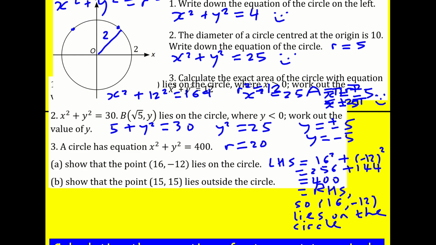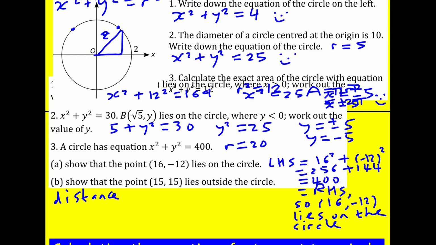So for part B, I've got a slightly different approach, and I could have used this for part A, to be fair. I can work out the distance from the origin to the point, because it's just going to be 15, 15. I'm going to go along 15 and up 15.